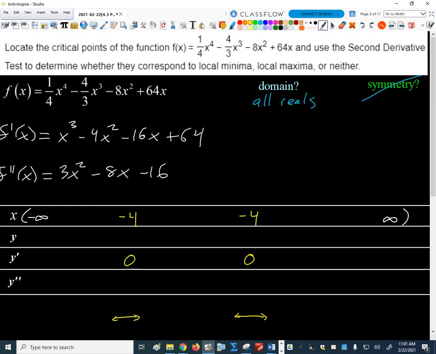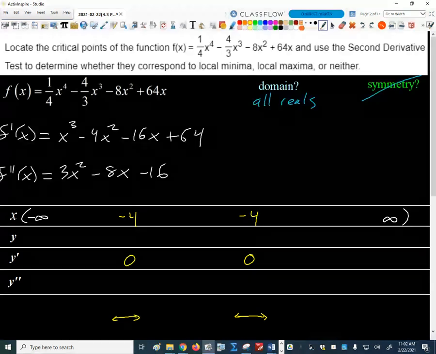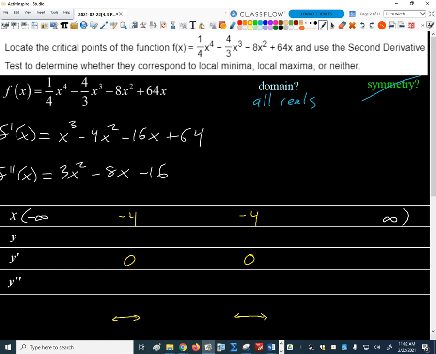Okay, what about our second derivative? Now, if we weren't looking for points of inflection, we really wouldn't need to find the zeros of the second derivative. But let's say we are.